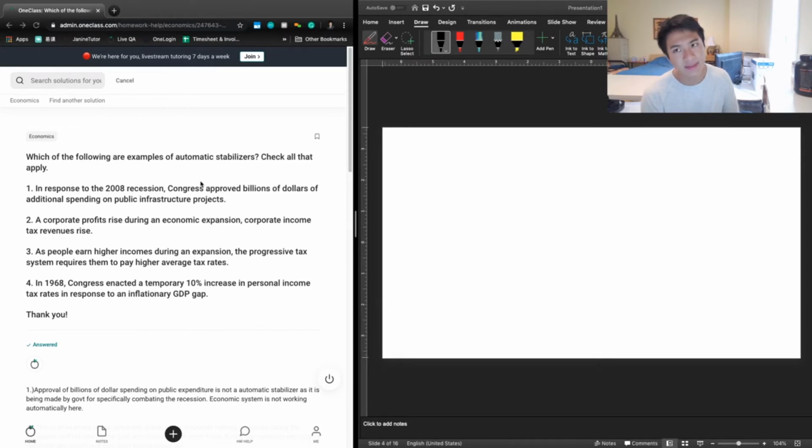I think in some senses, yes, but it depends on if the tax scales. If corporate profits rise during economic expansion, and the corporate income tax were to stay at the same flat rate, I'm not sure how that would necessarily slow down the economy, right?